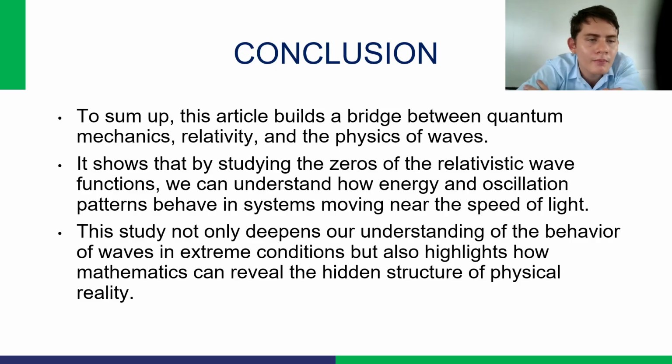For conclusion, to sum up, this article builds a bridge between quantum mechanics, relativity, and the physics of waves. It showed that by studying the zeros of the relativistic wave functions, we can understand how energy and oscillation patterns behave in systems moving near the speed of light.